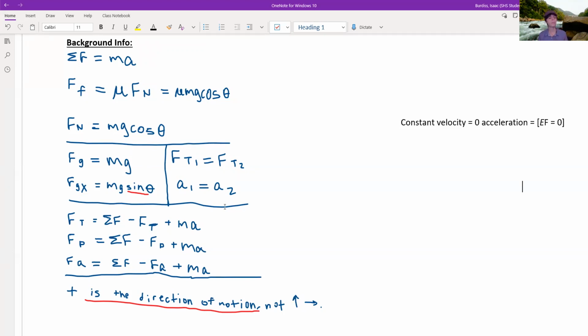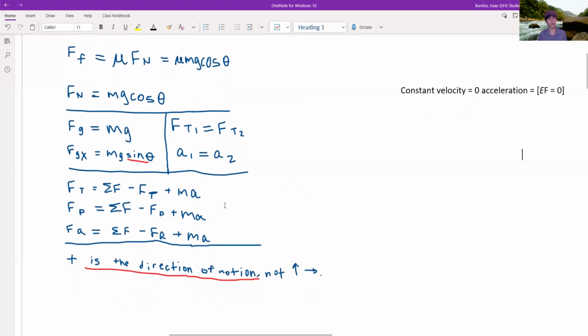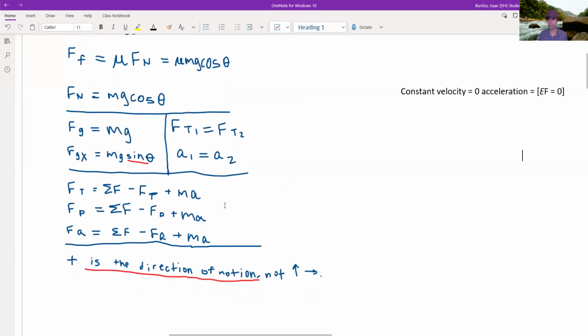But anyways, friction force equals mu, the degree of friction, times the normal force. If mu is 0, then there's no friction, and the closer it is to 1, the more friction there is.